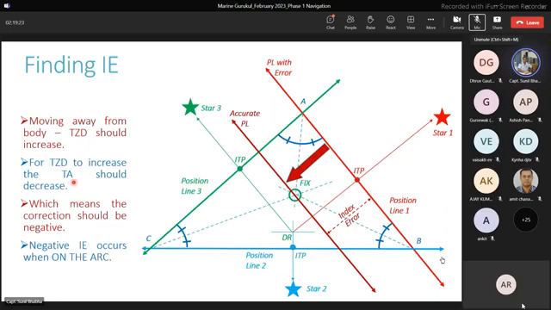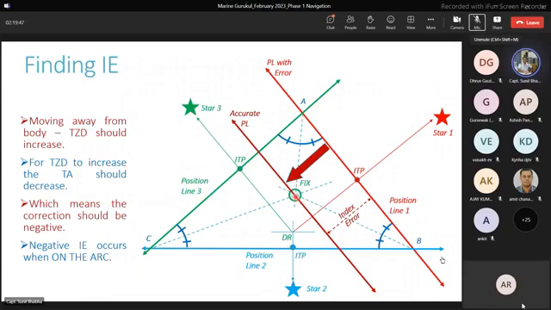When true altitude decreases, the true zenith distance value would automatically increase. And with the true zenith distance increasing, this red color PL, which was having an error, will be corrected and you will have the accurate PL, which is the maroon color PL passing from the fix.